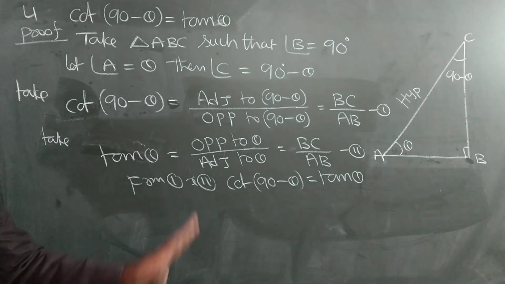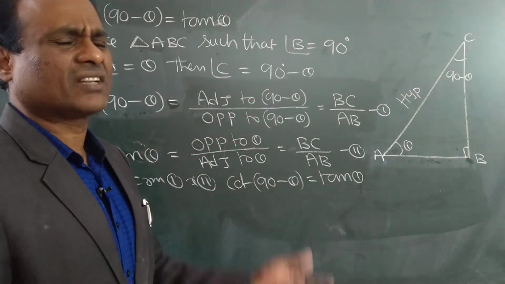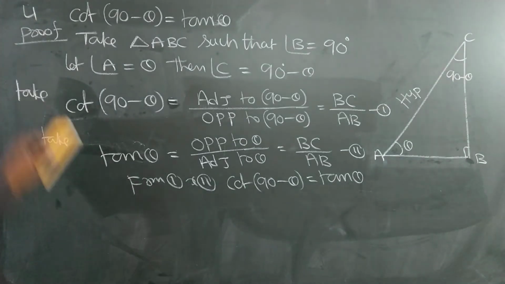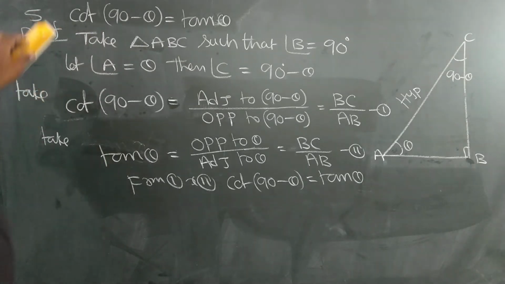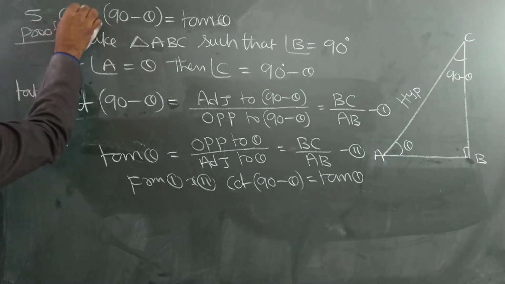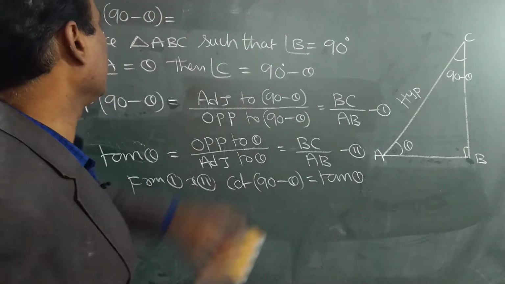So total 6 formulas let us derive. Derivation is not so important, but anyway you should get some concepts. Fifth: cosecant changes to secant.